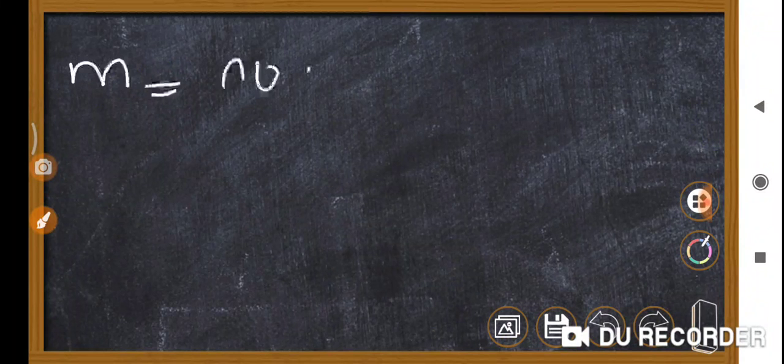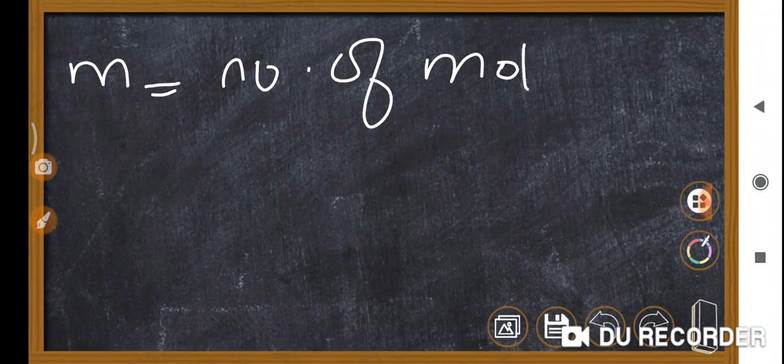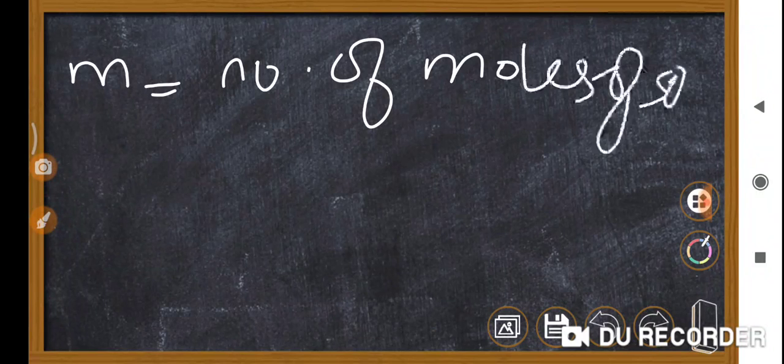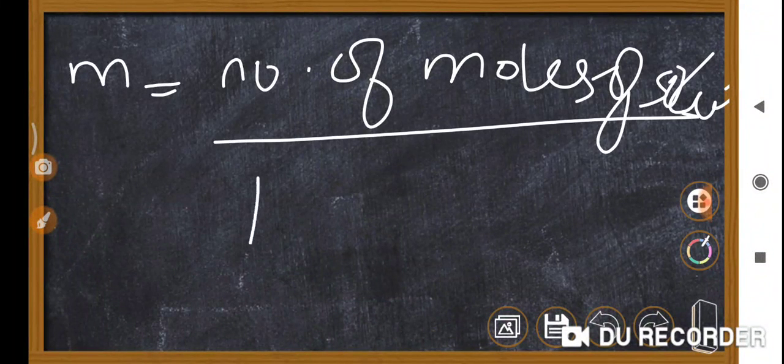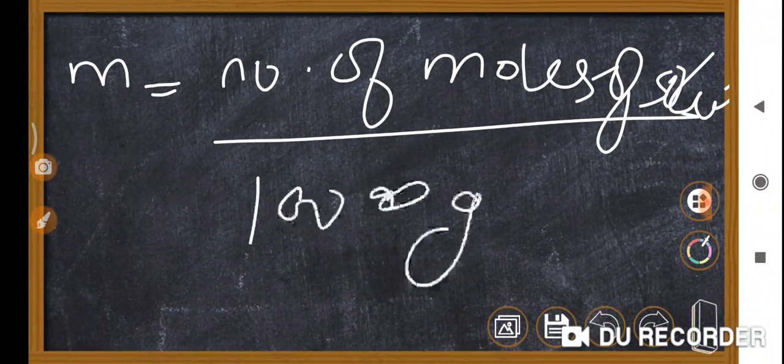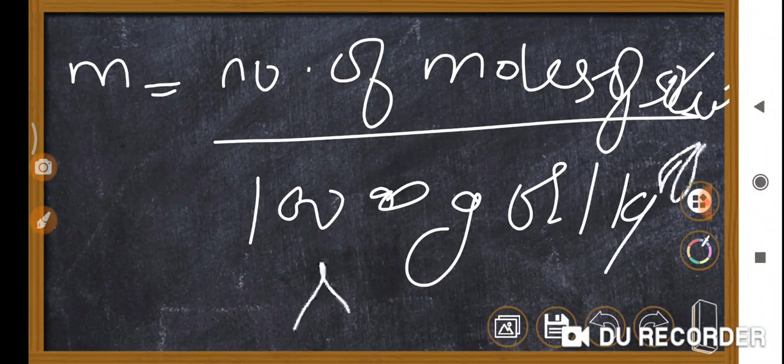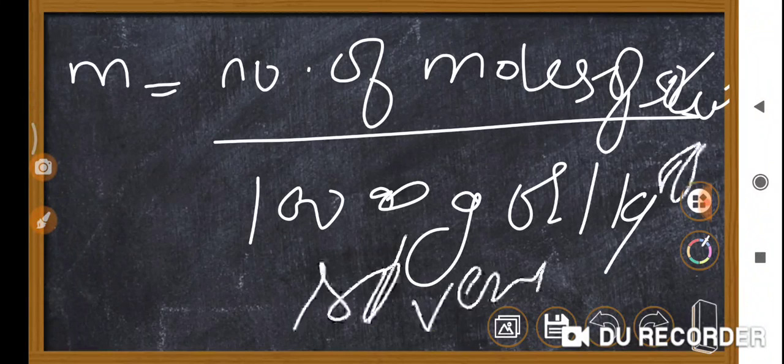Number of moles of solute dissolved in 1000 gram or 1 kg of solvent. Yeah, this is the definition of molality. Okay, let's start. So molality is number of moles of solute.